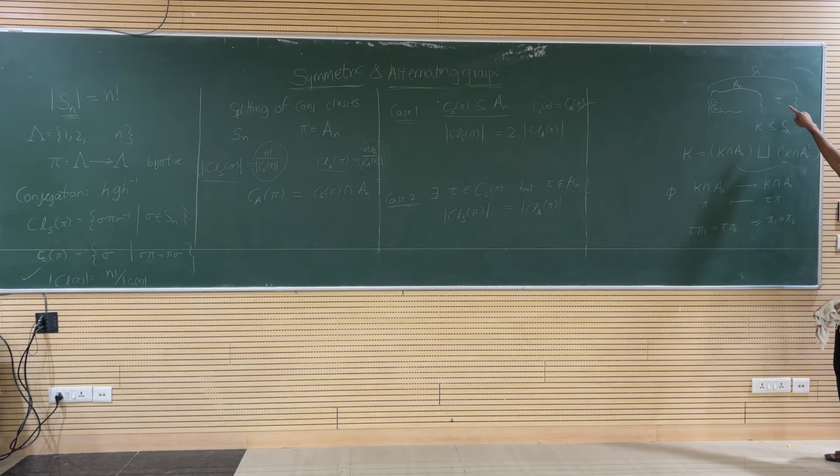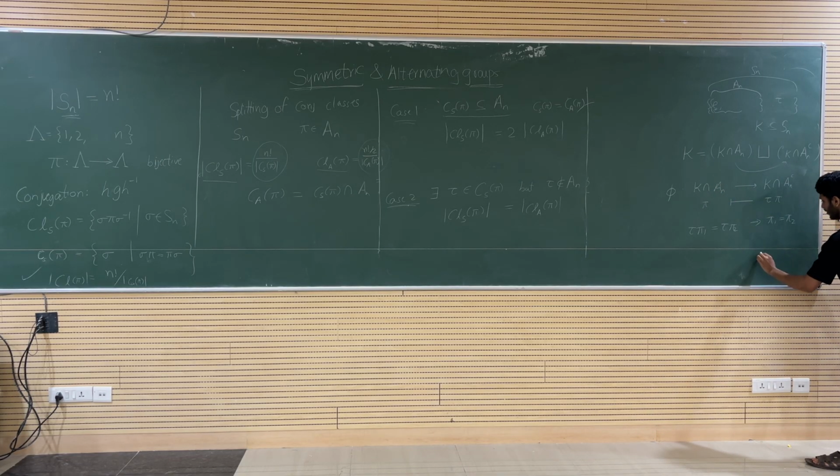Take an element here and I show that it has a pre-image. How do I show that? Take some element, call it sigma, multiply by tau inverse, and I need to show that this is even, which is obvious. Why? If tau is odd, tau inverse is also odd, and it's in K. Why is it in K? Tau is in K, and K is a subgroup.